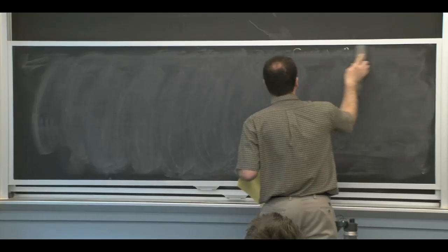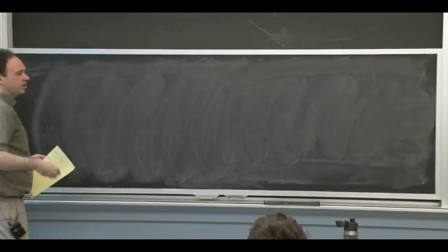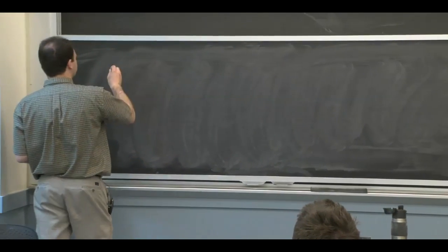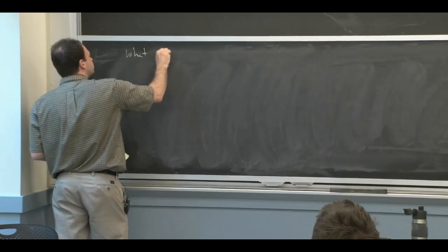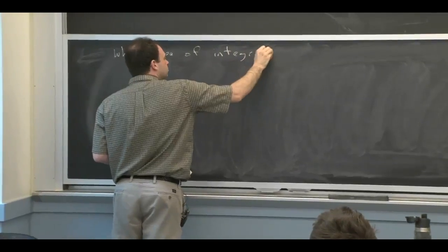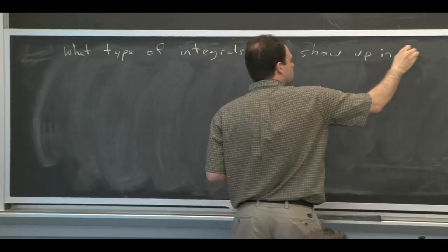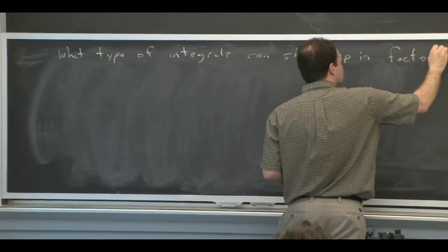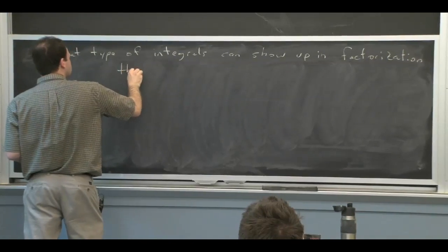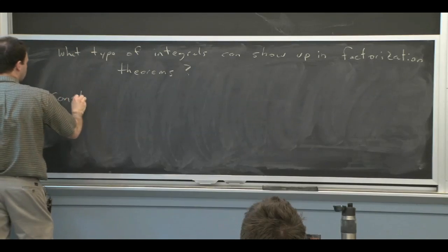So if you ask most generally what could possibly happen, then just thinking about the power counting for the degrees of freedom actually tells us what type of integrals can show up in factorization theorems. This is constrained by power counting.